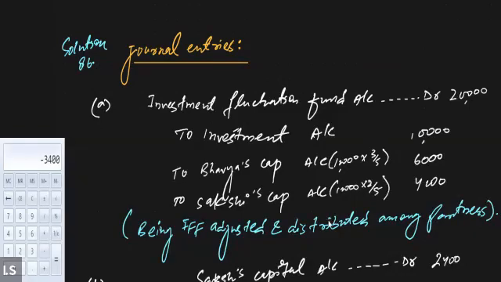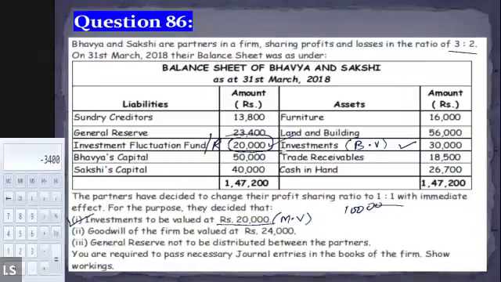So calculating that, you will get 6,000 and 4,000 respectively. Got it, everyone? This is the first general entry. This is the general entry for the investment fluctuation fund. I hope this point is clear to us. Yes, sir. So the first additional point that is given in the question is clear.